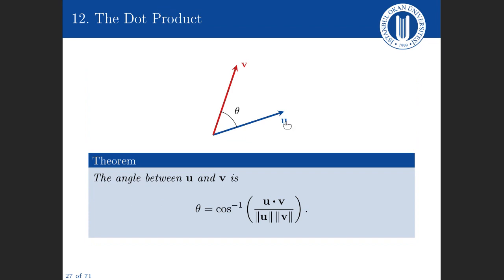Let's suppose we have two vectors, u and v, which I've drawn using the same initial point. And let's suppose the angle between these two vectors we call theta. Then we have a nice formula. This angle, theta, is inverse cosine of u dot v divided by the norm of u times the norm of v.